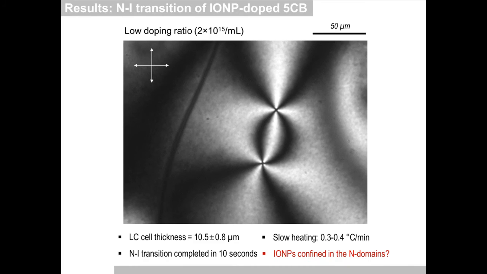So far, we have focused on the morphology, structure, and size of the nanoparticle aggregates in the nematic medium. Now let us see what happens in the NI transition of the particle-doped 5CB. At a low doping ratio, the thin glass cell confined mixture shows a fast melting at a very low heating rate with the smooth front of the nematic to isotropic transition.